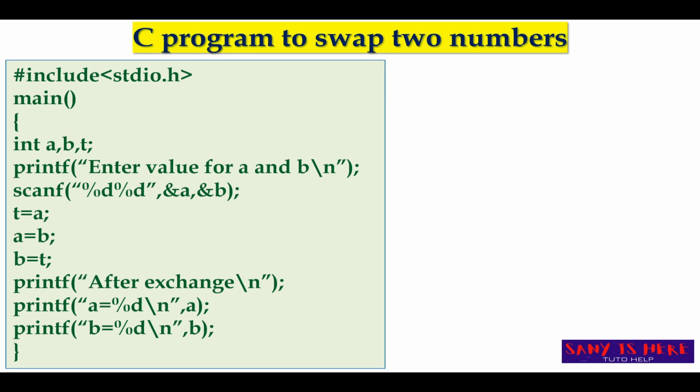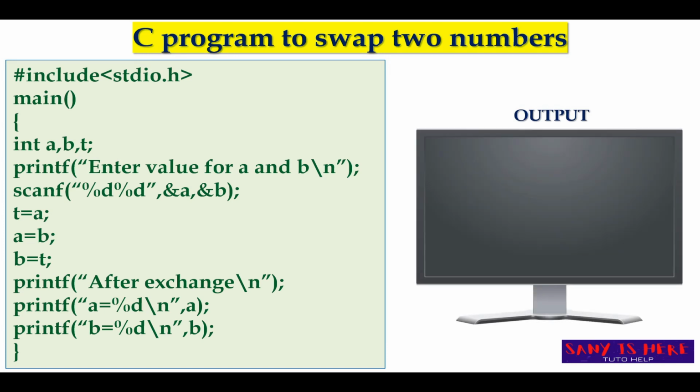First I am going to print the A value, which is of integer type, that's why we have used %d. A is equal to %d means A is equal to A's value will be printed. Then B is equal to %d means B is equal to B's value will be printed. Like this, you can see the output.